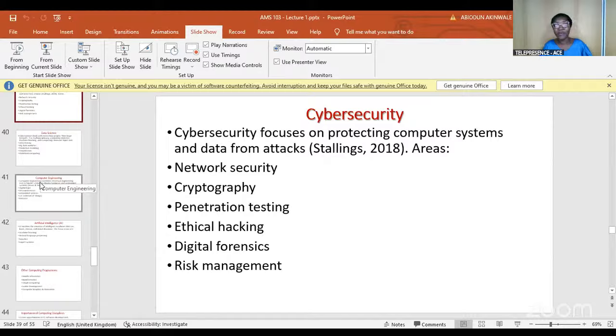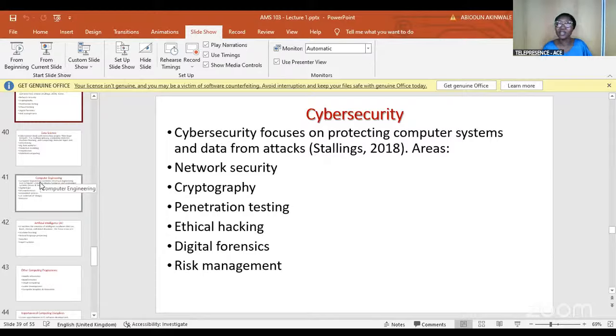Now you have people who have to secure this huge investment, which is owned by different organizations. Every organization has this security challenge they have to pay attention to. They don't have to wait until it happens before they hedge against it. So network security and cryptography are part of securing the network.